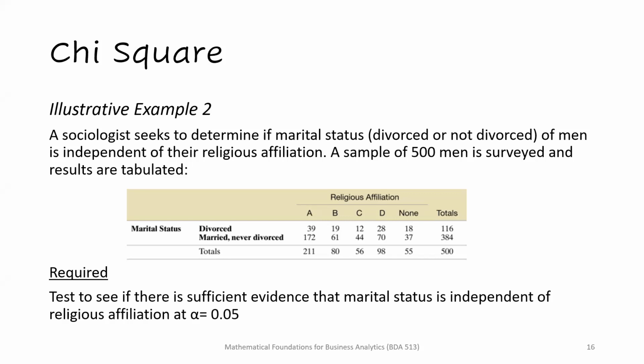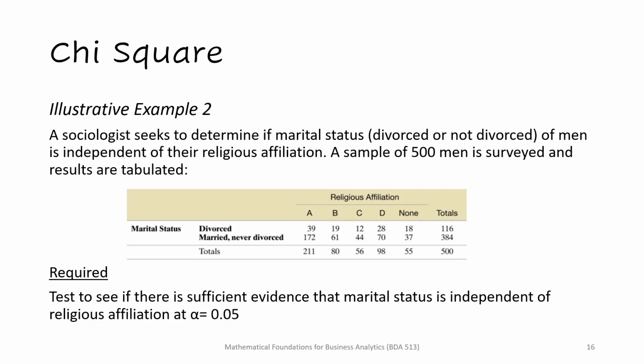For divorced, the total is 116. For married and never divorced it is 384. So we have a total of 500.